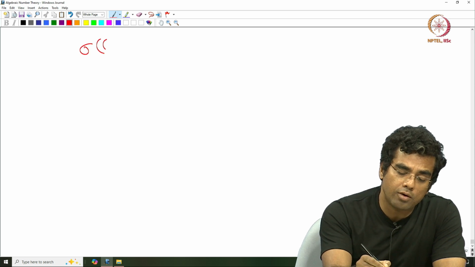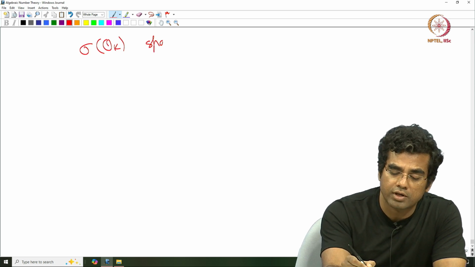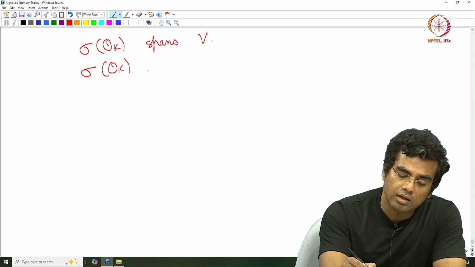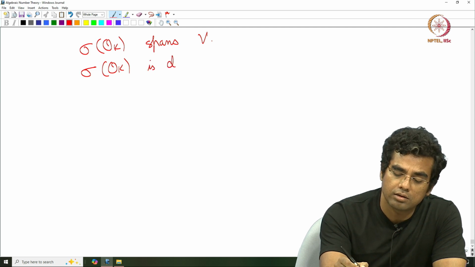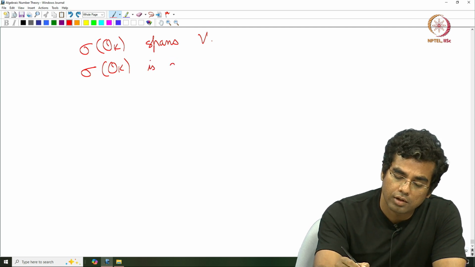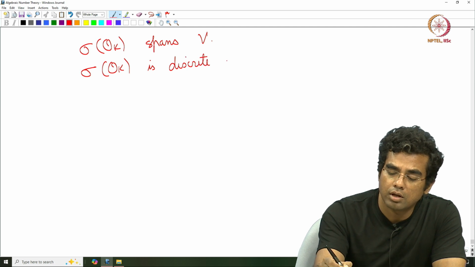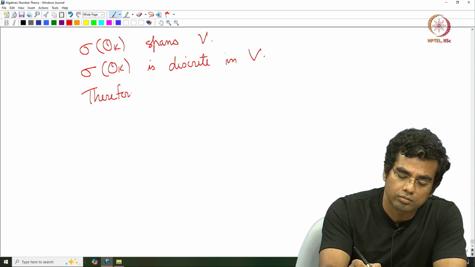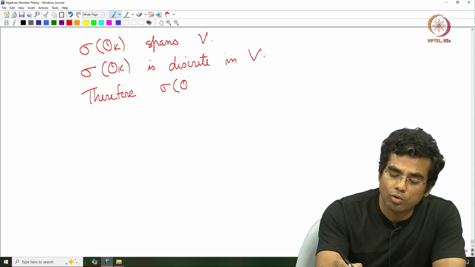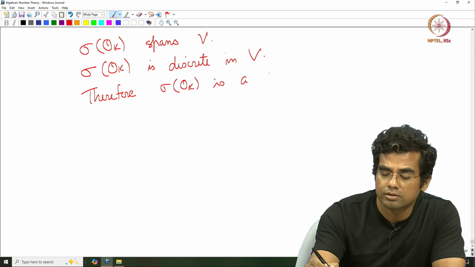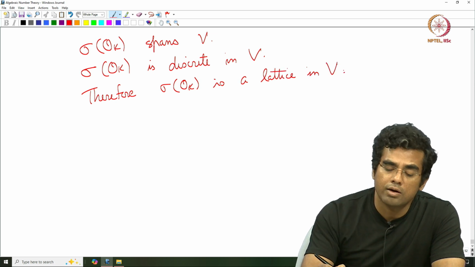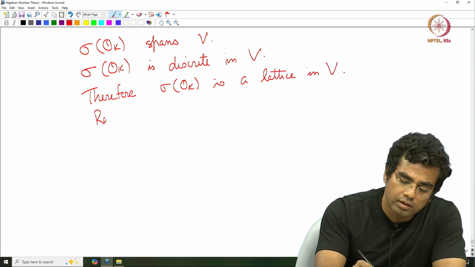And we know that sigma of OK also spans V. And because sigma of OK is discrete in C to the n, this is discrete in V. Therefore, sigma of OK is a lattice in V. And what is the rank of this lattice?